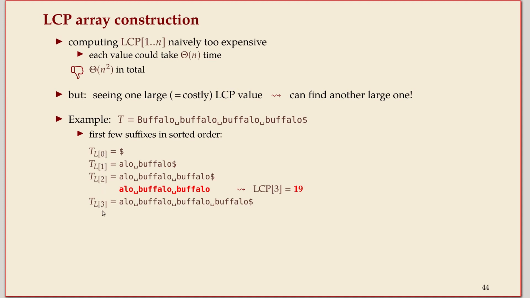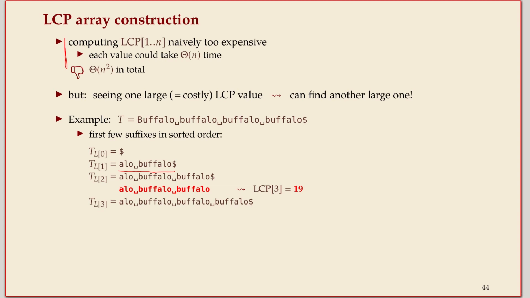If you start writing down the suffixes of this text in sorted order, you will start with the empty one, just the $, and then the next few are these ones. Now something interesting happens. Those two have a very long shared prefix. Actually, those two also have a long shared prefix, so this is why it's an instance where it's dangerous to compute this naively.